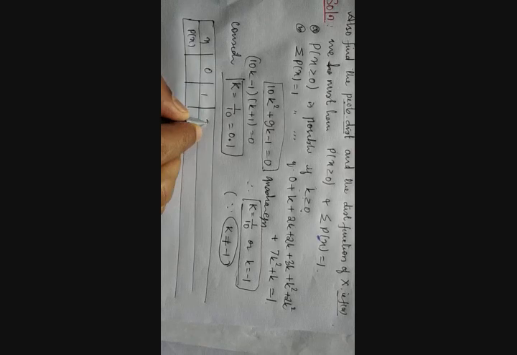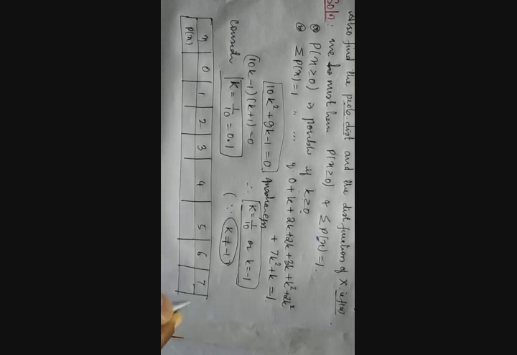Then let us substitute the value of k in the table and construct a table here. X, P of x: 0, 1, 2, 3, 4, 5, 6 and 7.